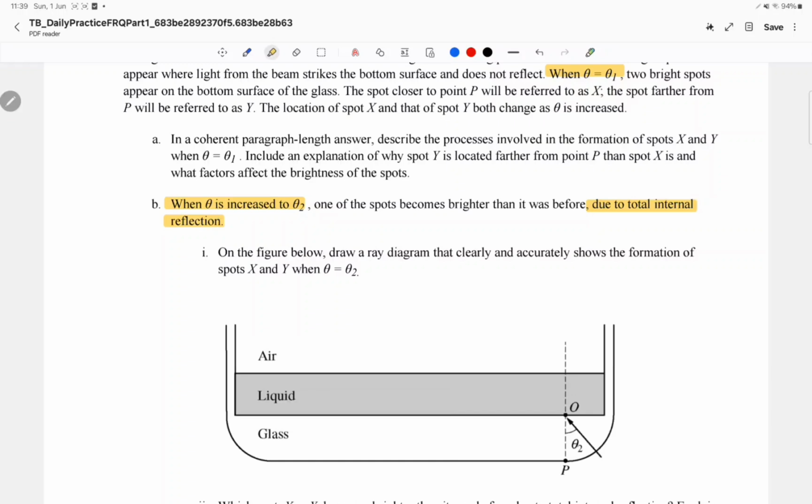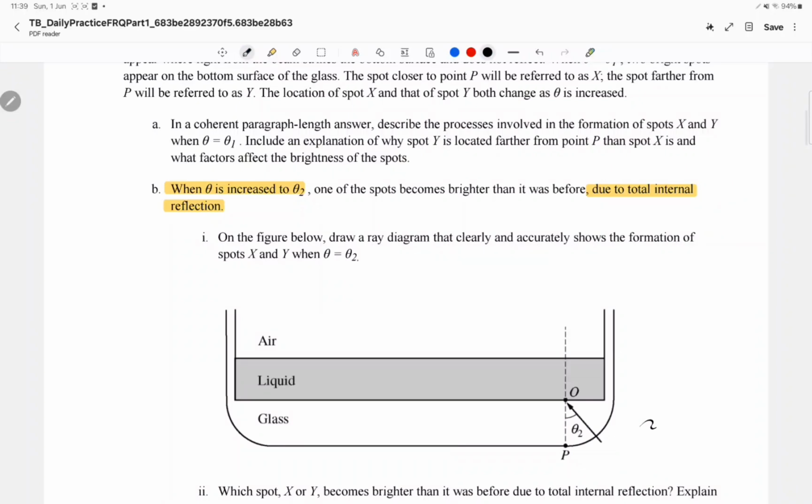Theta 2 is now bigger than theta 1, and so this will result in a higher angle of refraction, which will result in TIR at the liquid air interface, meaning that no light will be transmitted into the air, no light brightness will be lost into the air, and so Y will be brighter than before. X, same brightness, but Y will be brighter.